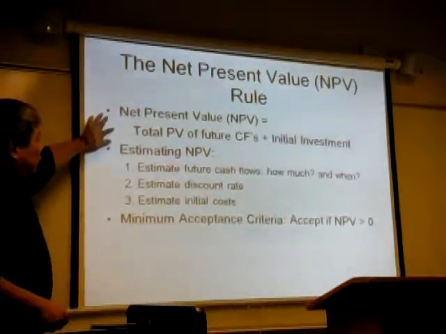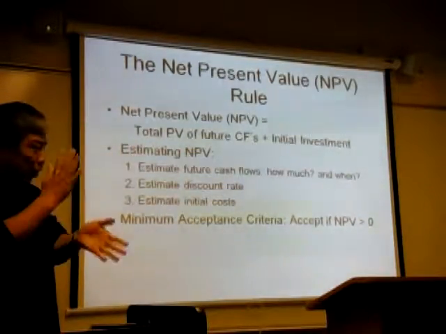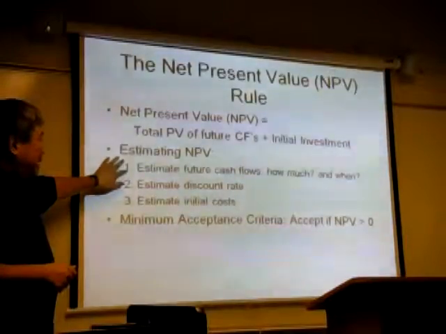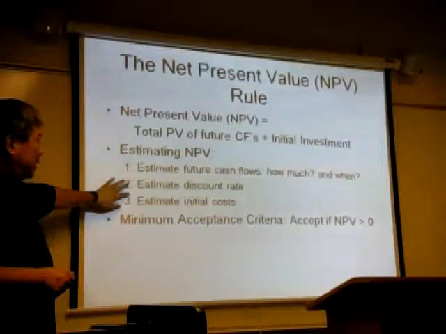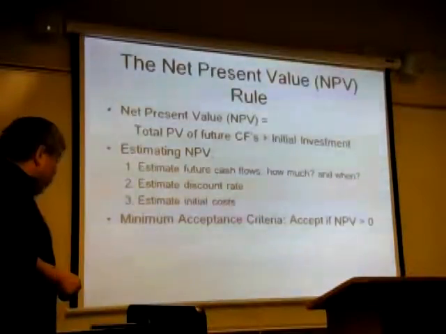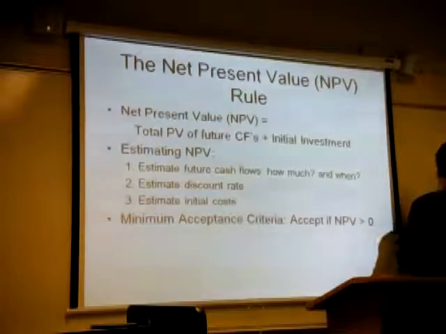Now, because it's a total investment, the present value covers all cash flows included. So you have to estimate the future cash flows, you have to estimate the discount rate, and you also estimate the initial cash outflows. What we do here is look at a situation like this.